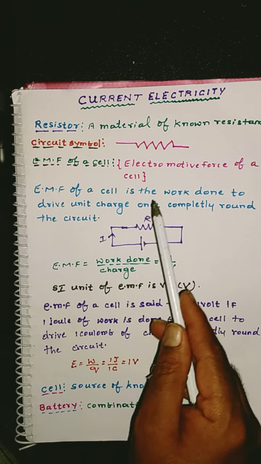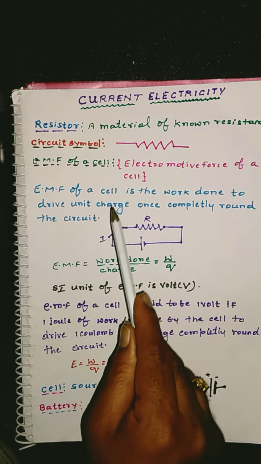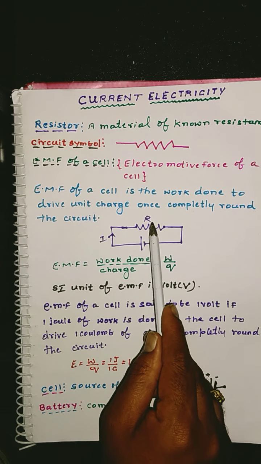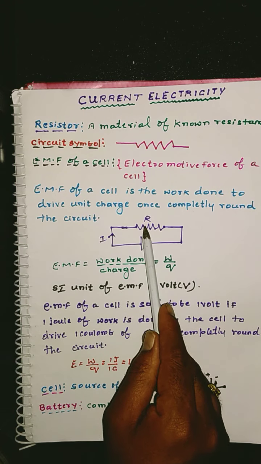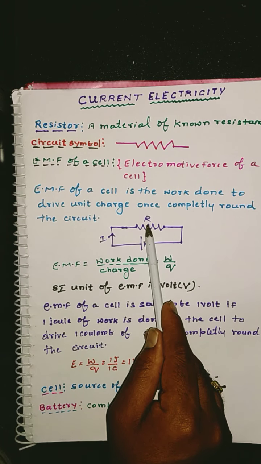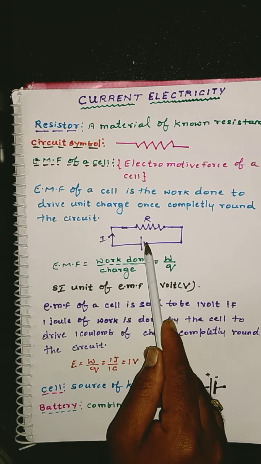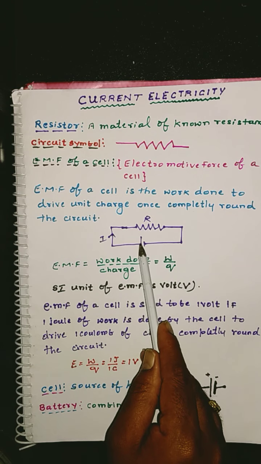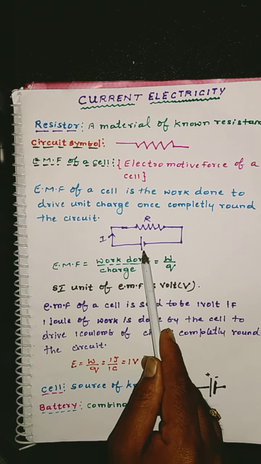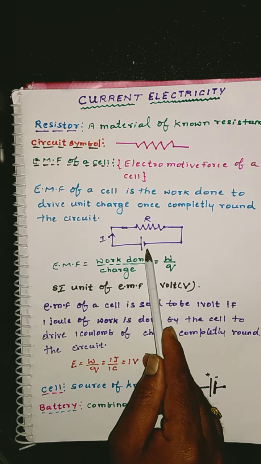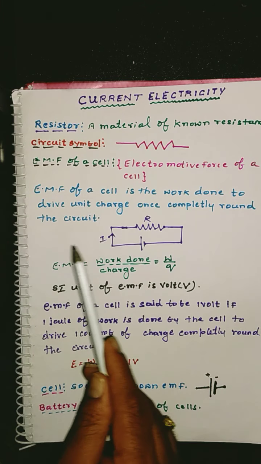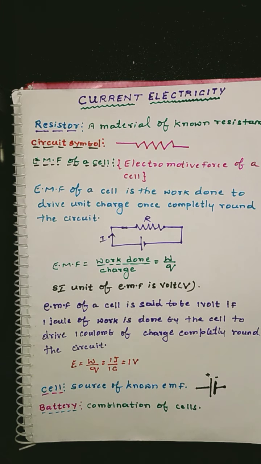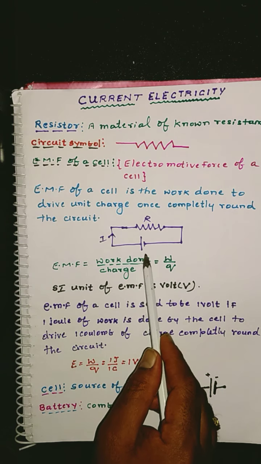In fact, here you will understand that the resistance offered is in two stages. One, by the external resistor, which we have represented as R, and also there will be a resistance offered by the electrolyte of a cell. A cell always consists of two electrodes, a positive electrode and a negative electrode, and between these two electrodes there will be an electrolyte. That electrolyte also offers some resistance or opposition to the flow of charges.